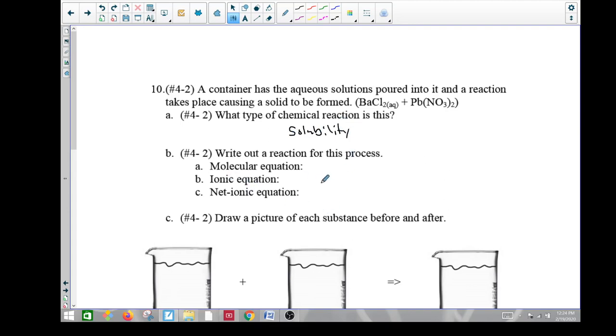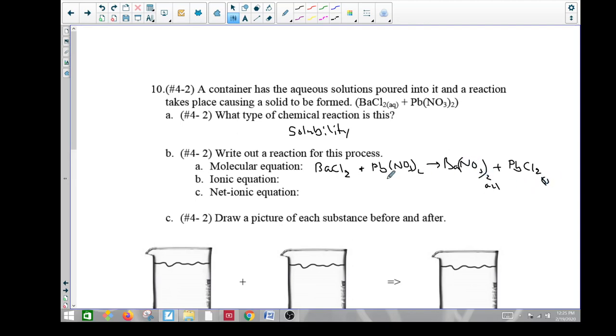All right, molecular equation is going to be barium chloride, 2 here, plus lead nitrate, all right, and then goes to my potential products are barium nitrate, and lead chloride, PbCl2. Alright, so this guy is going to form an aqueous, and this guy will be a solid.